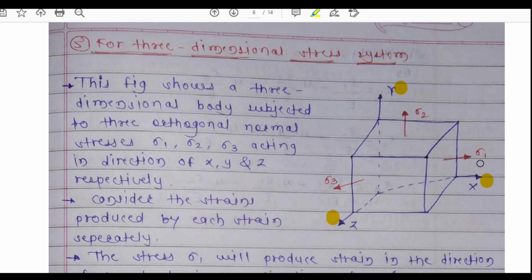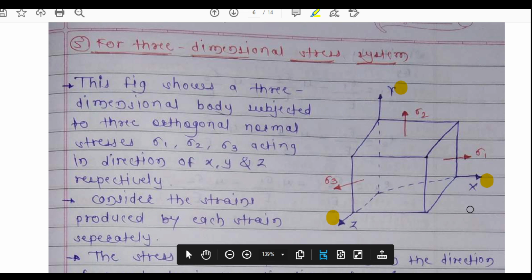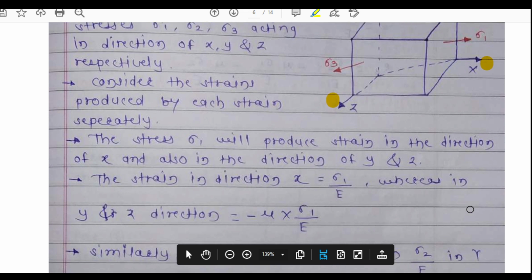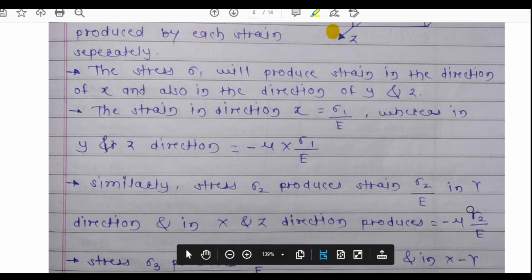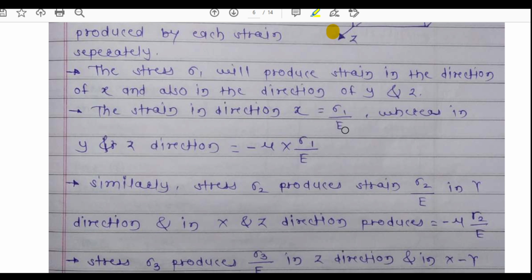Now consider only sigma 1. We can write the equation for sigma 1 in x direction. The strain will be sigma 1 upon E, as this is a longitudinal strain, whereas in y and z direction it is a lateral strain, so minus mu into sigma 1 upon E will be the strain in y and z direction.